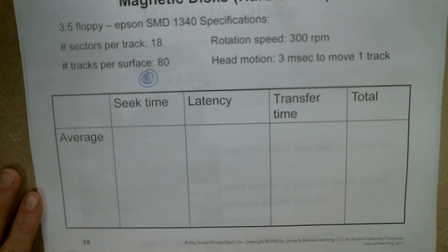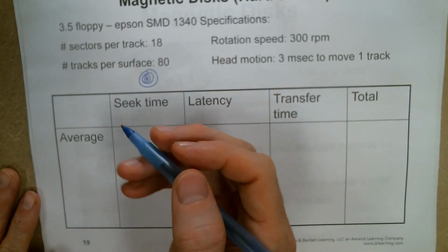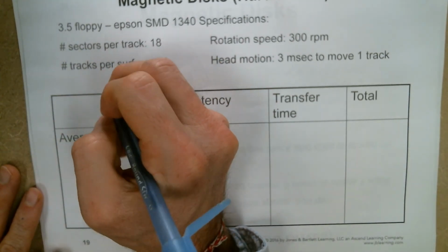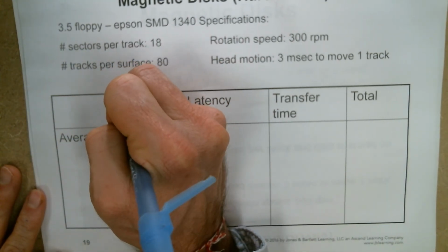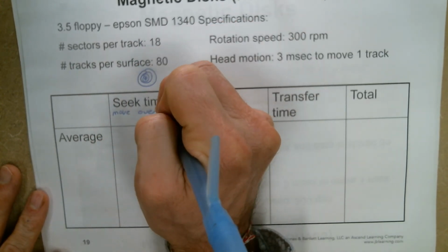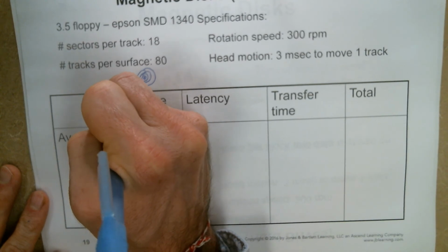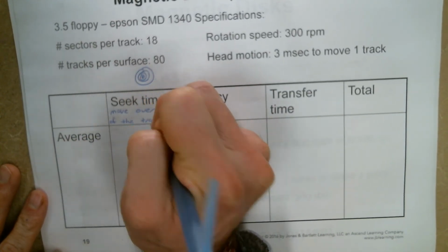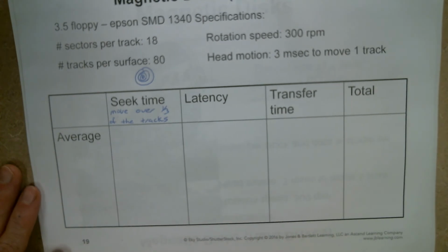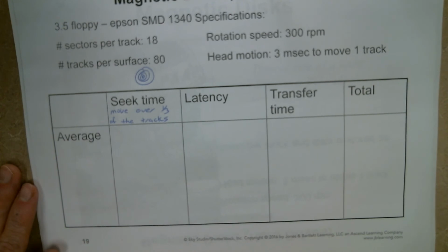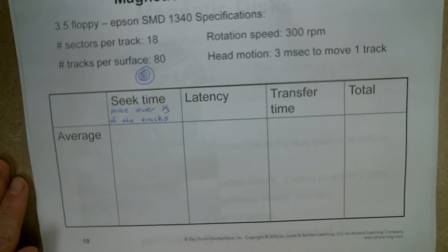Long story short is that when you look at all possibilities, it averages out to 1/3 of the tracks. So on average, you're going to move over 1/3 of the tracks. And we could mathematically prove it, but for right now, we're just going to take it on faith that on average, going through this process, you're going to move over 1/3 of the tracks.